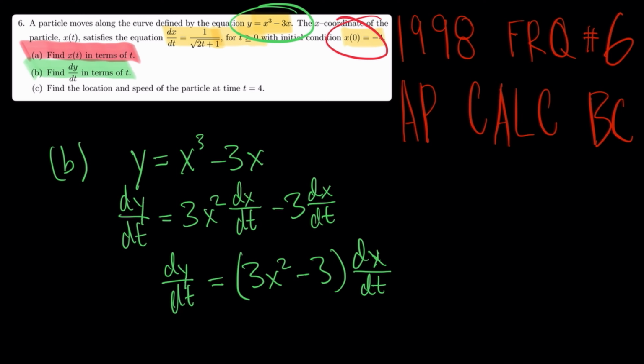Now, in the previous problem, we found what x is, specifically what x of t is. So we can substitute that for x, and we can substitute the given equation for dx/dt, and then we will have our final answer.